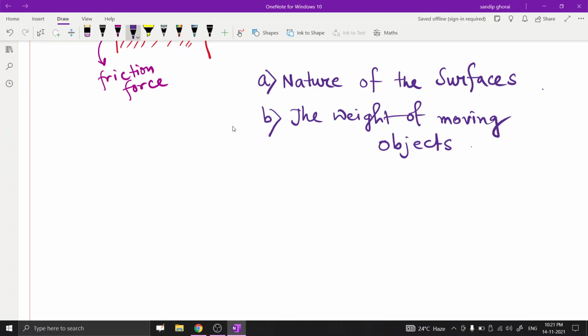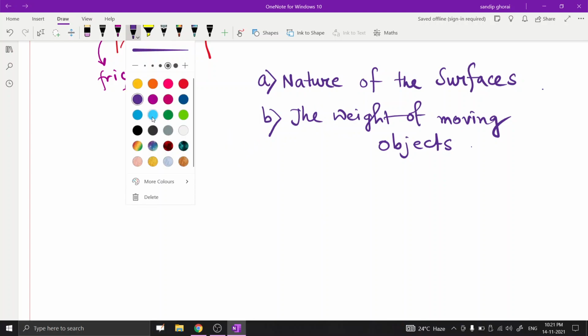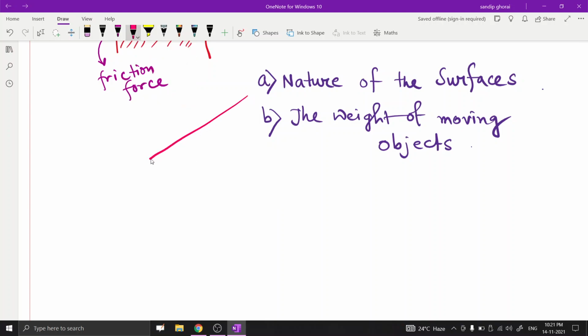So at first we discuss the nature of surfaces. In this case, we have two different surfaces.